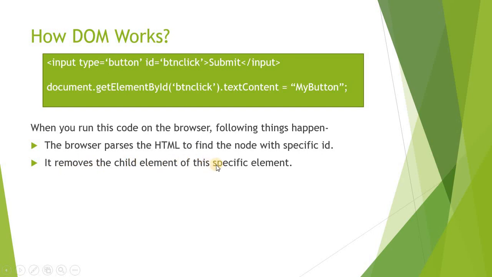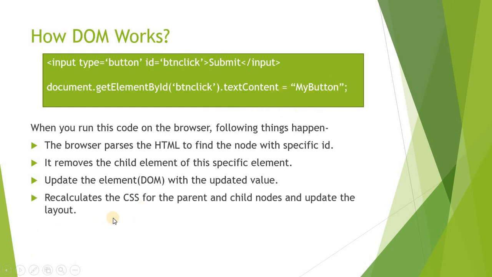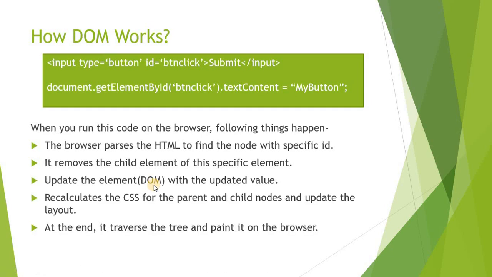Then it removes the child elements of that specific element if it contains any. After that it updates the element, so it will change the title of your button, and then it recalculates the CSS for the parent as well as the child nodes and updates the layout of your tree. At the end it traverses all your trees and paints the browser.